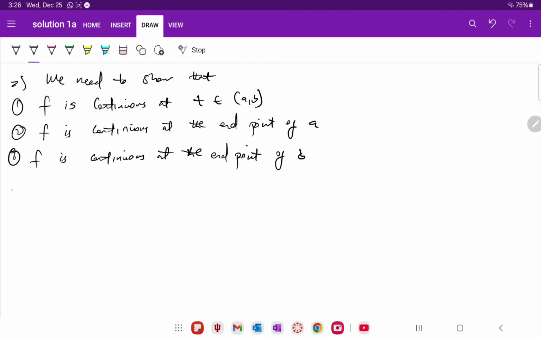We are going to use the definition of continuity and then properties of the Riemann integral.